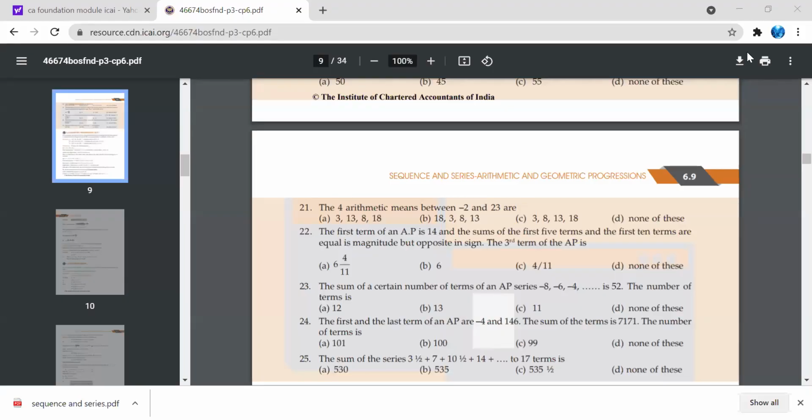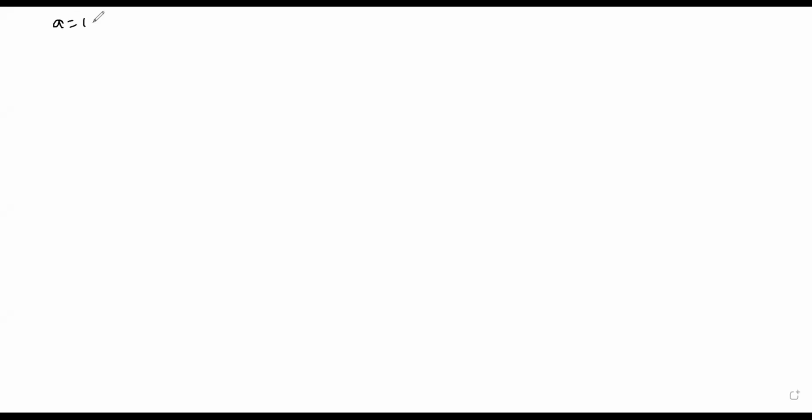The first term of AP is 14 and the sum of first 5 terms and 10 terms are equal in magnitude but opposite in sign. You have to find out third term of AP. First term of AP is 14. S5 is equal to minus S10.